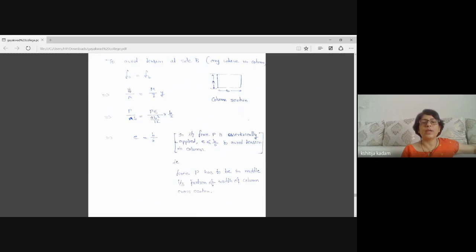So let us substitute the values. Axial stress is P upon A and bending stress is M upon I into Y. It is a rectangular cross section, so accordingly the area, moment of inertia and Y values are written here. Understand here, I am writing A B cube by 12. Why?